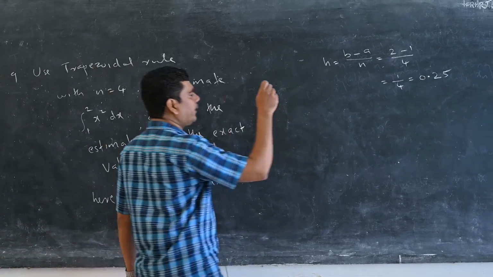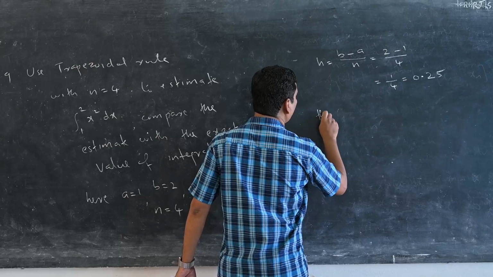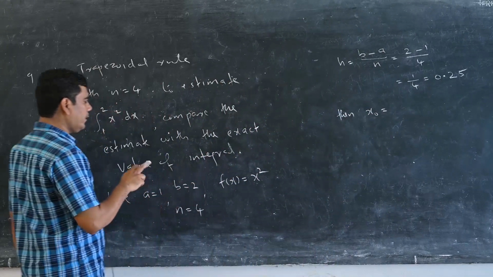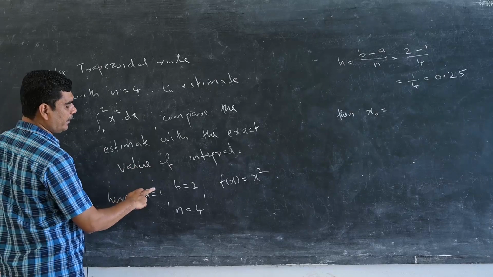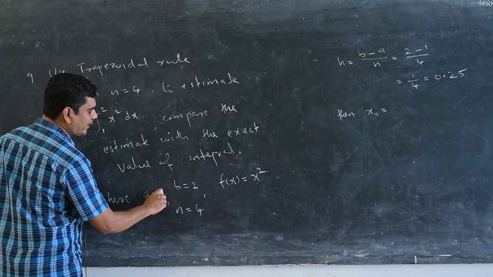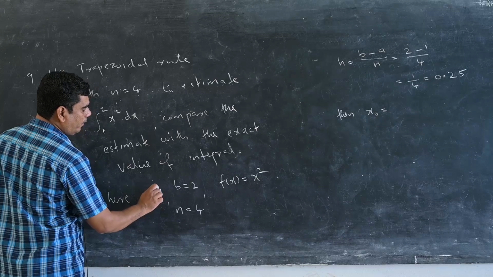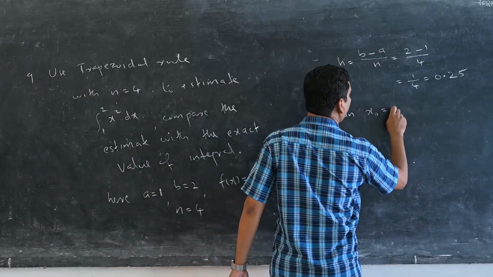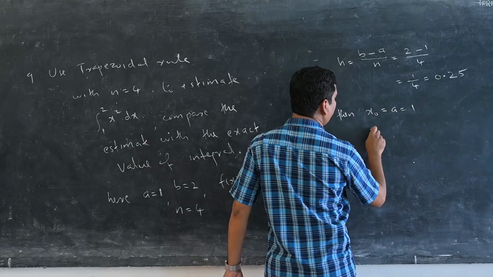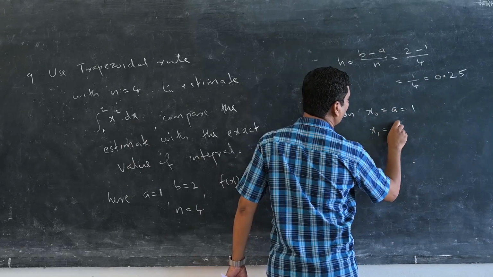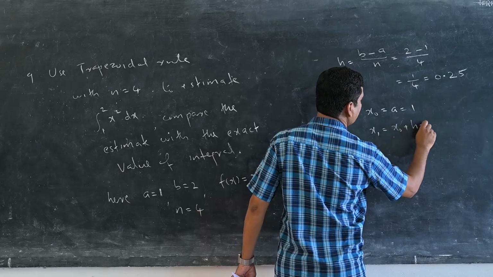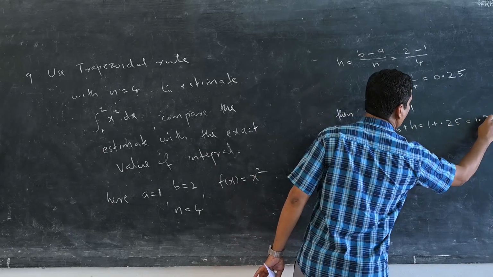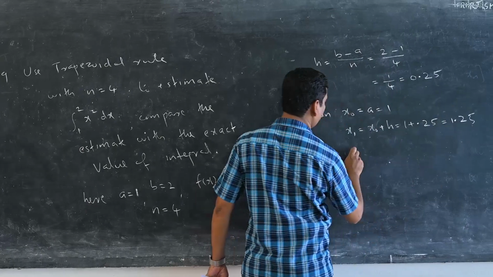Then x naught is equal to the left end point of the interval AB. This is the left end point of the interval, which is 1. X naught is equal to A is equal to 1. X1 is equal to x naught plus h, 1 plus 0.25, 1.25.